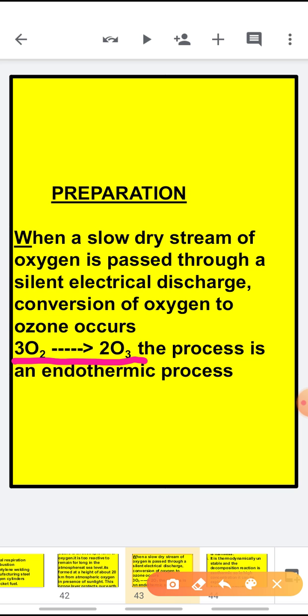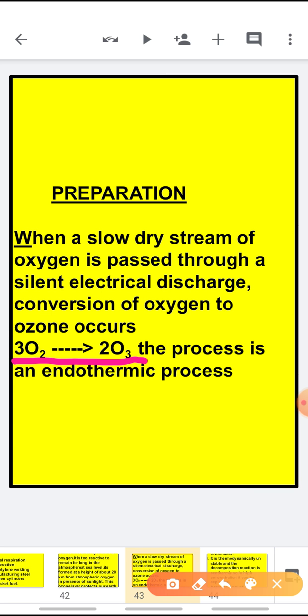This process is an endothermic process, so it is necessary to use the electrical discharge in the preparation to prevent its decomposition. Now children, if the percentage of the ozone needed is greater than 10%, a battery of ozonizers can be used, and pure ozone can be condensed in the vessel surrounded by liquid oxygen.